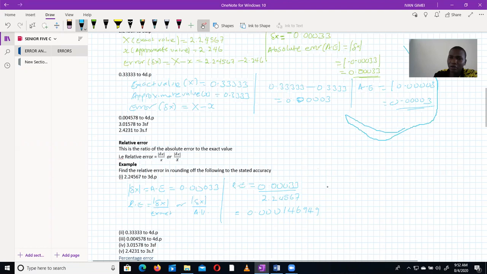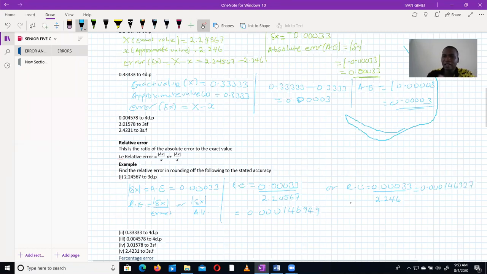Then we said, or you can say relative error is the same as the absolute error, 0.00033 divided by the approximate value, which in this case after rounding off will be 2.246, and this still gave us 0.000146927.